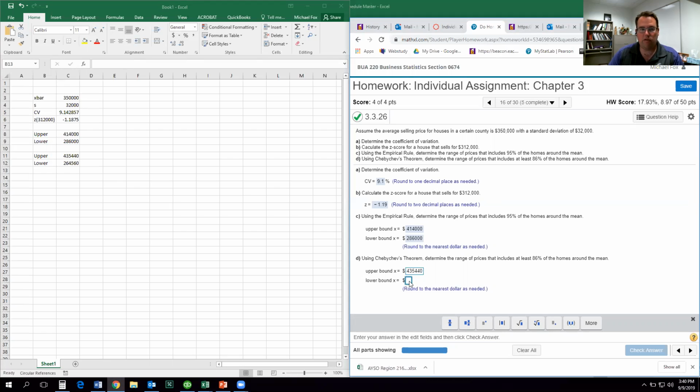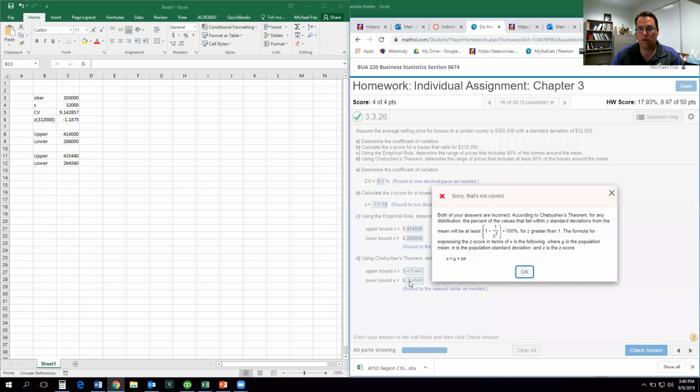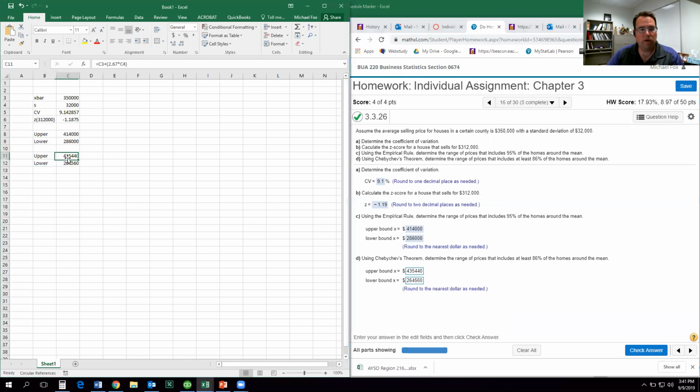And our lower bound is 264,560. And it didn't like that. So I'm going to have to take that out a few more decimal places.